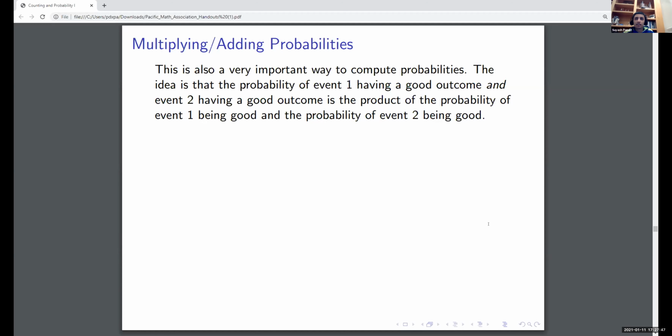So let's think of an example. Let's say you have your 2 favorite sports teams, maybe a football and a basketball team, and they're both playing today, and you want to know the probability that they both win. Let's assume that whether one team wins doesn't affect the probability that the other team wins.